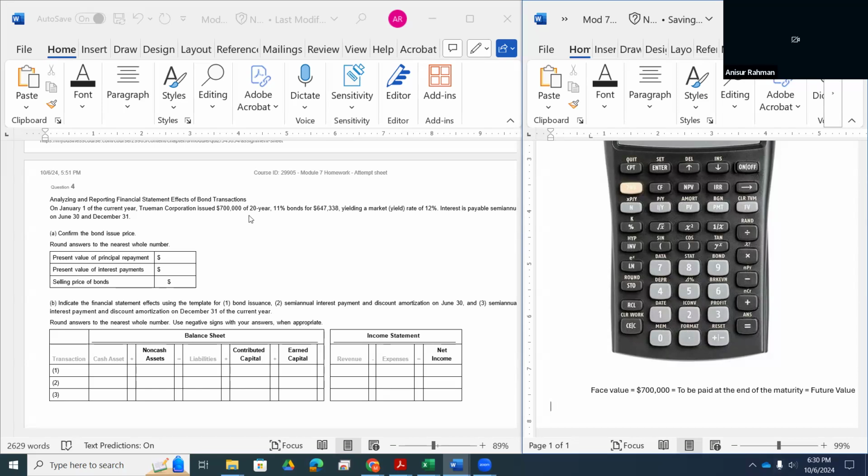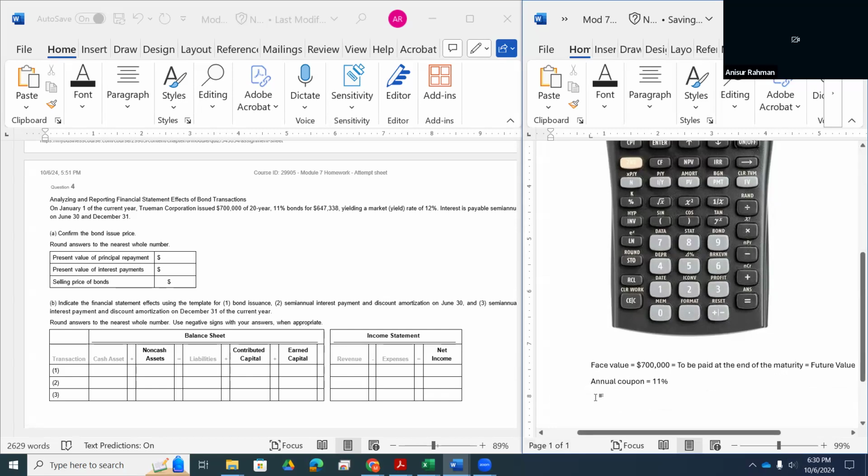The second thing it says is that it is a 20-year bond. So we know that the number of years is 20, and the maturity is 20 years. 11% bonds means the annual coupon is 11%. Yielding a market, also called yield rate, of 12%.